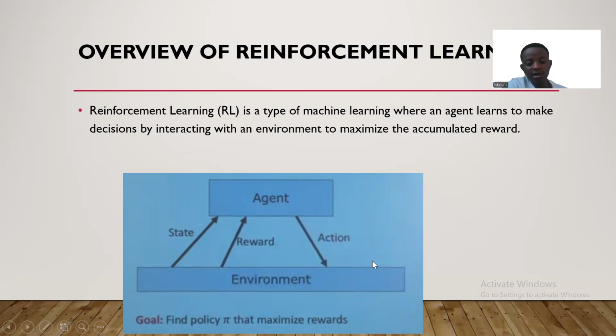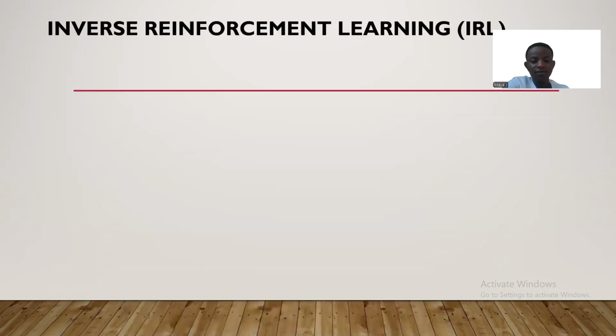After the agent has taken an action on the environment, the environment has to give feedback to the agent and the current state it is in now. As we've said, the goal of this technique is to maximize the accumulated reward of the agent.